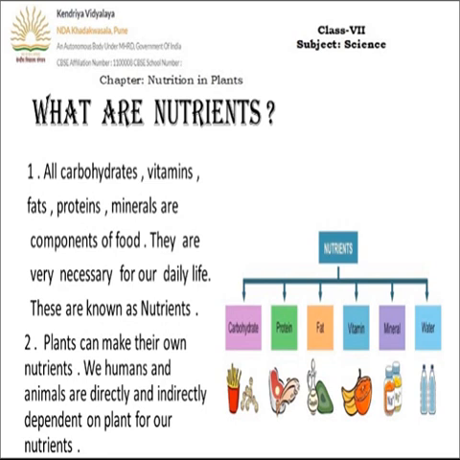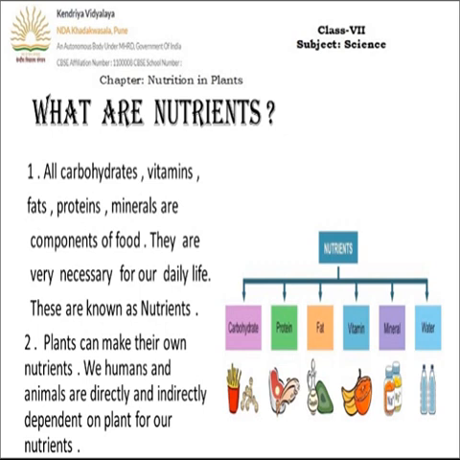So we humans and other animals too depend on plants directly or indirectly to fulfill the requirement of nutrients, because we get the food from plants, so we get all these types of nutrients from plants only.